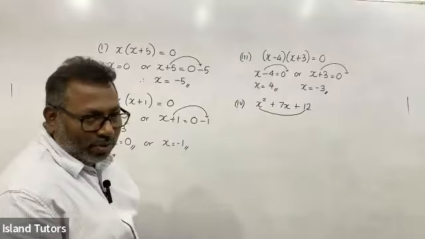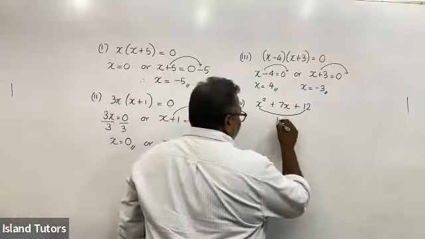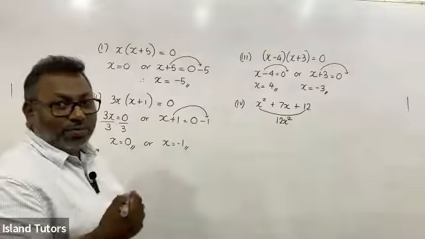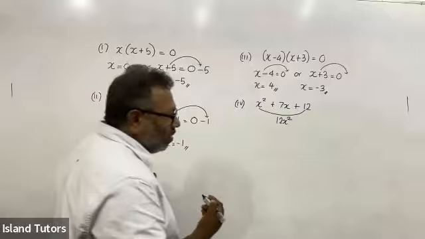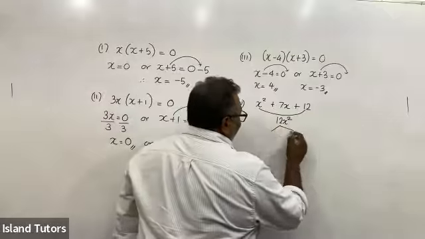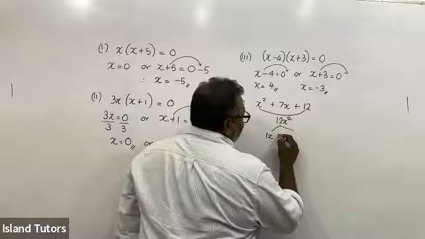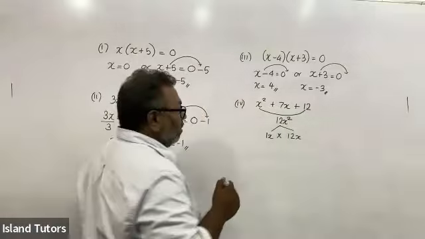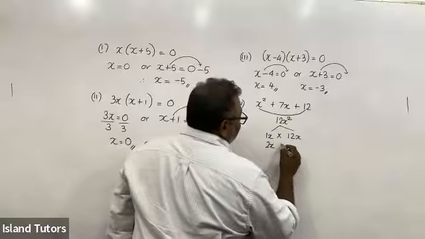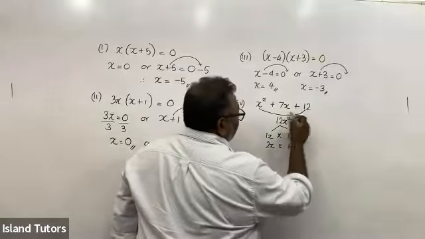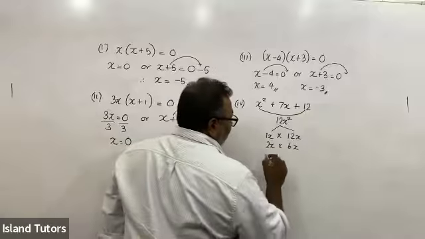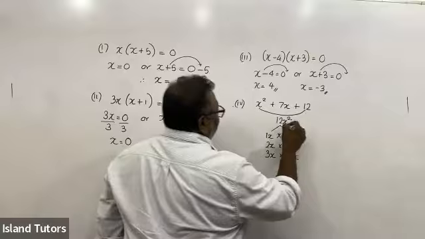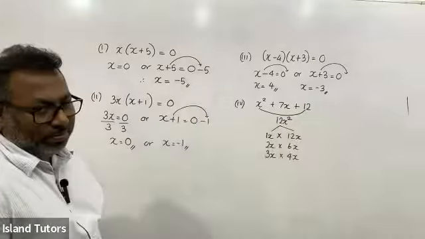So x squared into 12 is 12x squared. Then find the factors of 12. What are the factors of 12? 1x into 12x will give you 12x squared. Then 2x into 6x will give you 12x squared. Then 3x into 4x will give you 12x squared.